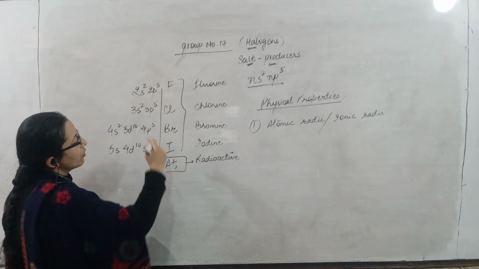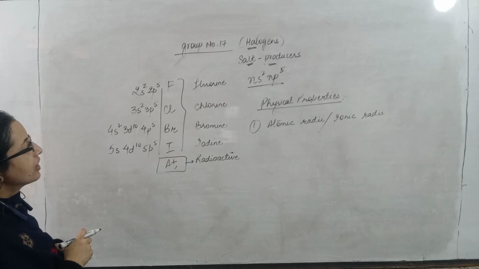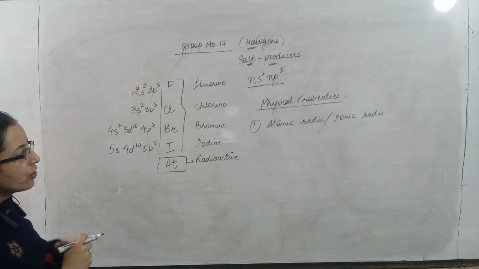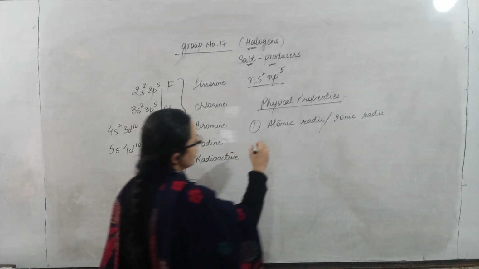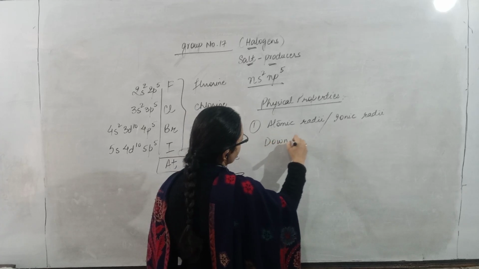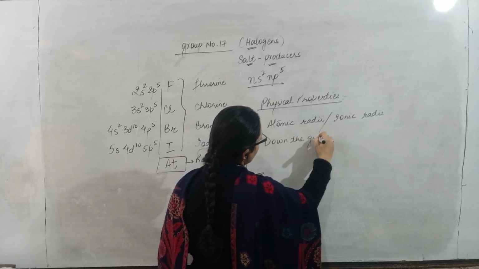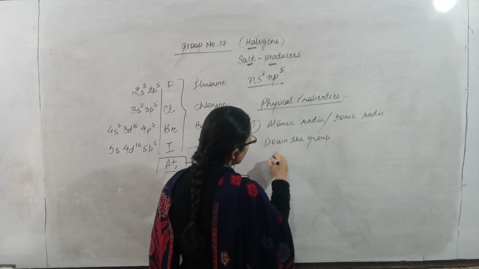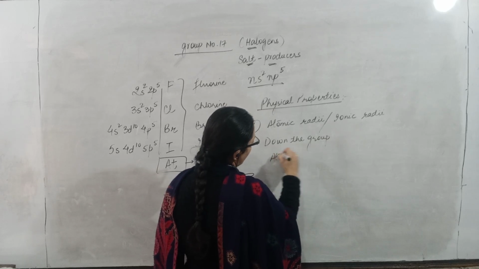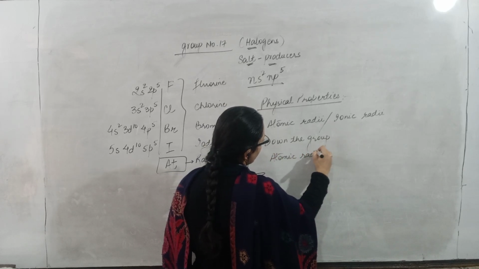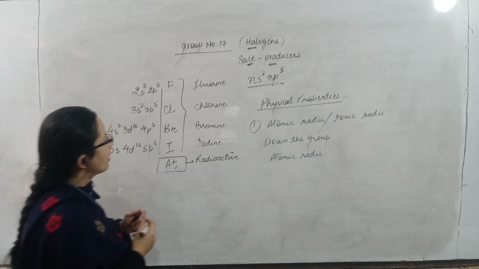As we move down the group, because of the addition of shells, the atomic radii increases, as well as their ionic radii. Generally they are present in the form of halide ions.